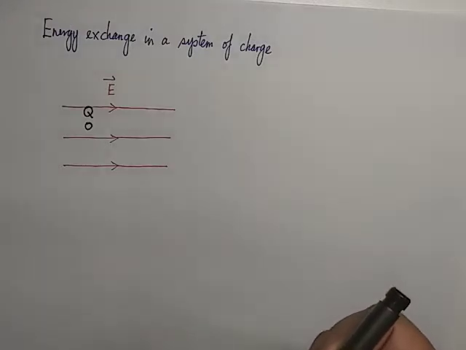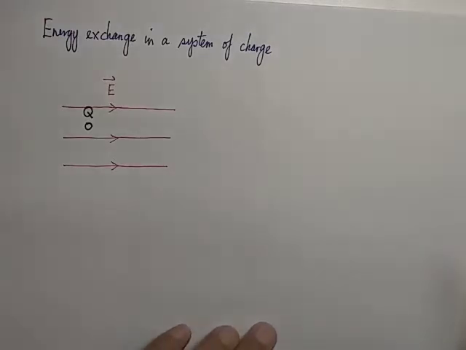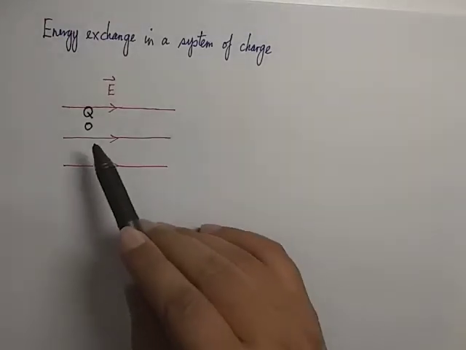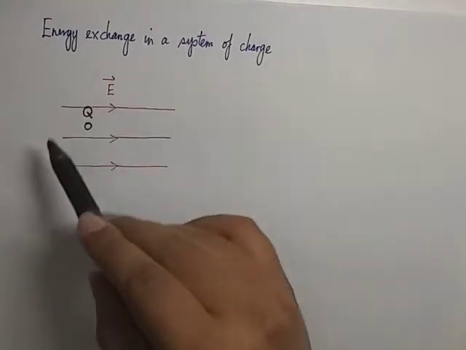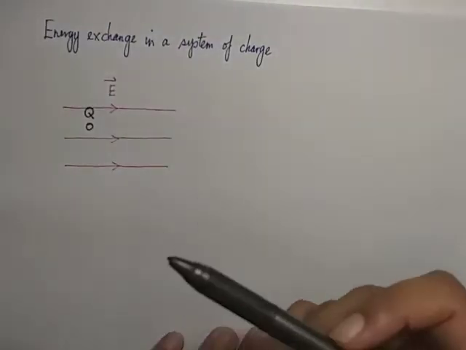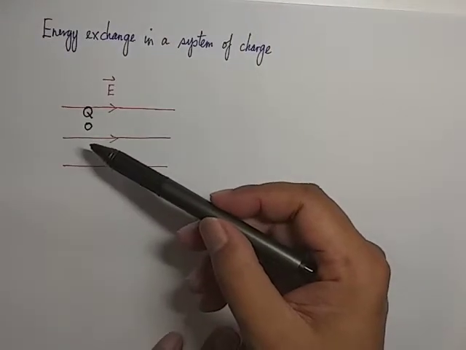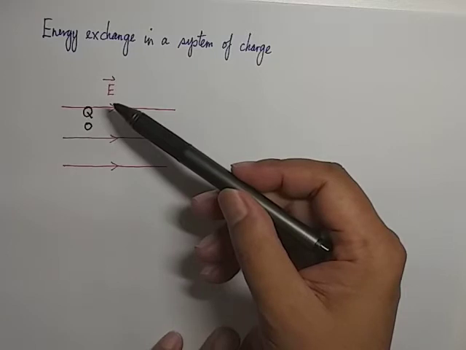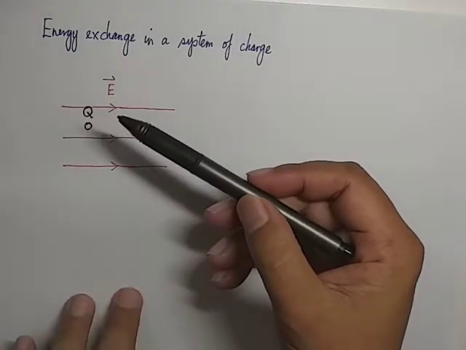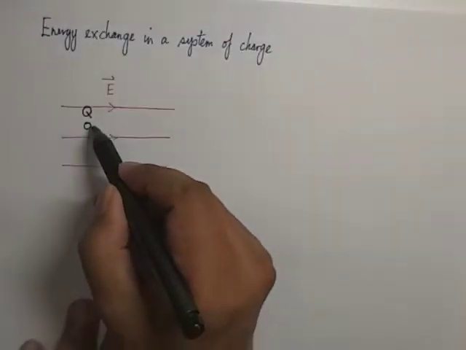So what will happen to this point charge when we throw it into this region containing electric field? And we have learned before, when we have a charge and electric field, we're going to introduce what is known as force. And the force will be in the same direction as the E.